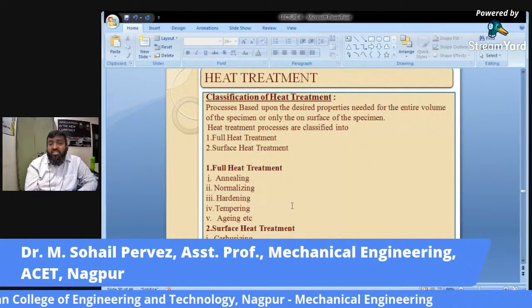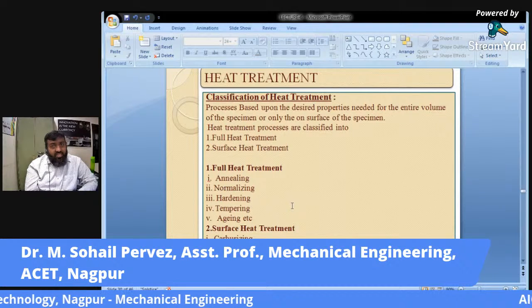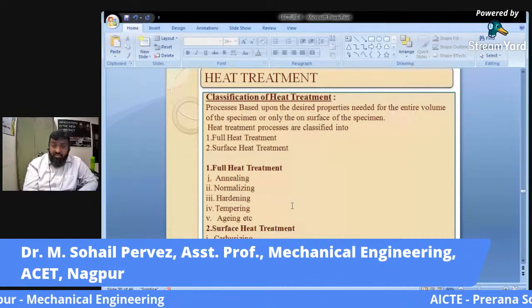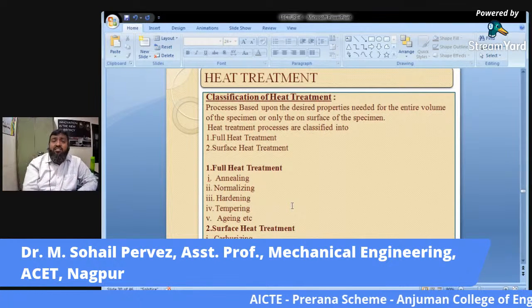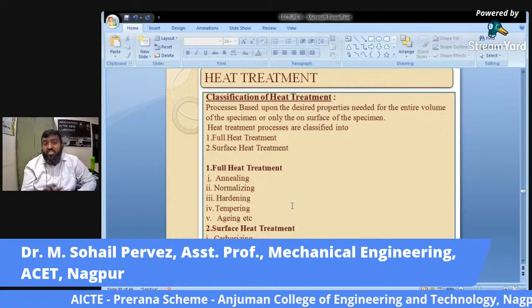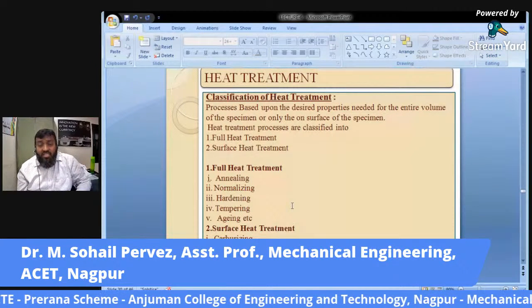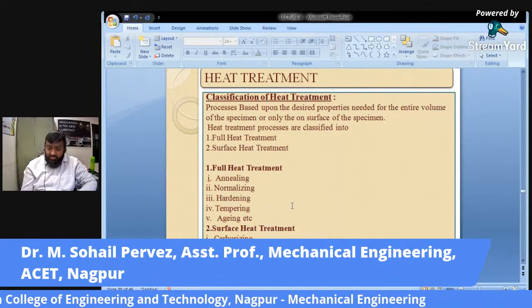When I say full heat treatment, it means annealing, normalizing, hardening, tempering, and etching. When I say surface heat treatment, it means that the surfaces are the targeted section for this type of heat treatment. That is carburizing, cyaniding, nitriding, quenching, etc.